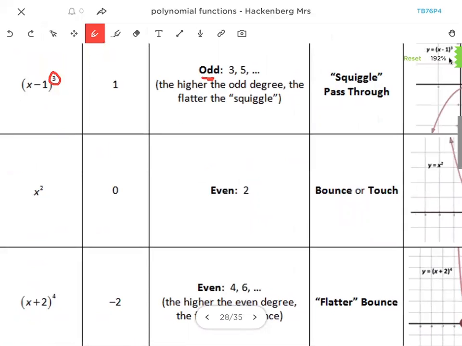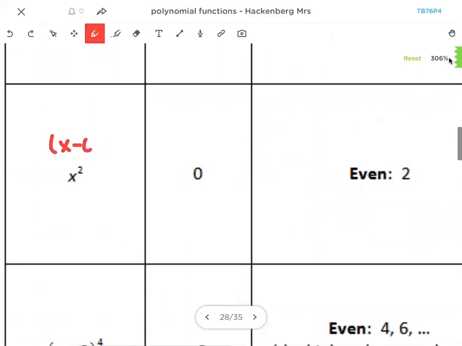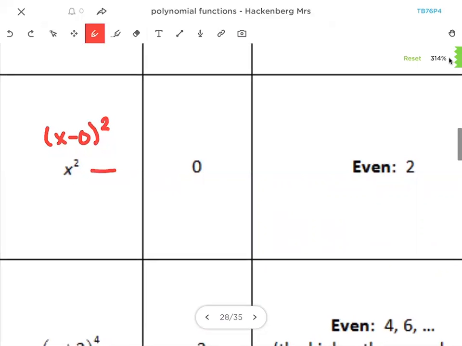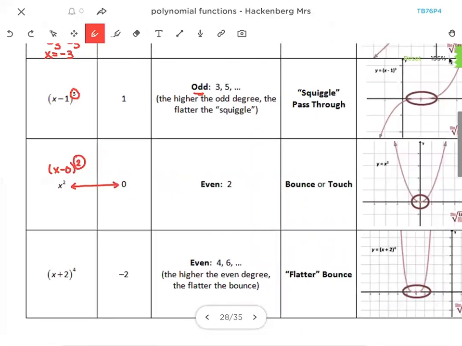This guy, x squared. Sometimes we forget, really, this is like x minus 0 squared, or x plus 0. Sometimes it's so easy that we forget. So drawing the connection between these two, we get a multiplicity of 2, so it's just going to touch the x-axis.